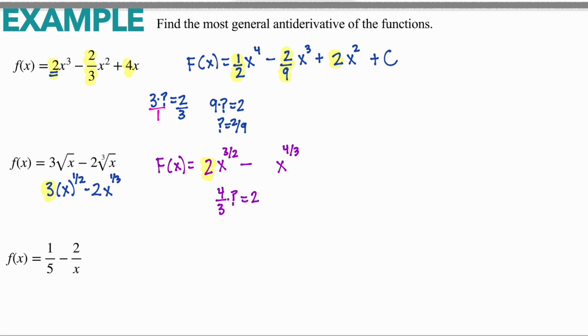So if I cross multiply, I will get 4 times a question mark equals 6. So divide by 4 and I get 3. So this would have been 3/2. Now let's check that. 4/3 times 3/2, the 3's cancel, 4 over 2 is 2, so it did work.